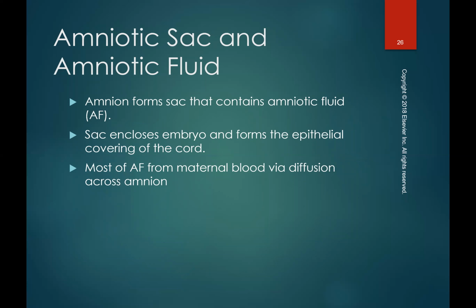You see the membranes on the very slight edge of the placenta, but they're not as noticeable in the second trimester. So the amnion forms the sac that contains the amniotic fluid, and the sac encloses the embryo and forms the epithelial covering of the cord, and most of the amniotic fluid comes from the maternal blood via diffusion across the amnion.